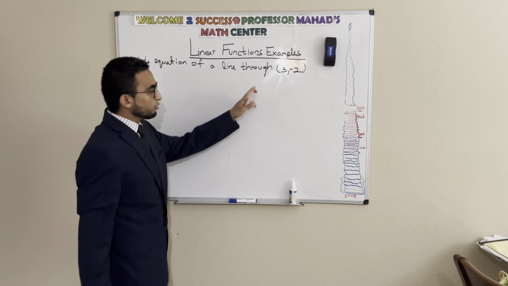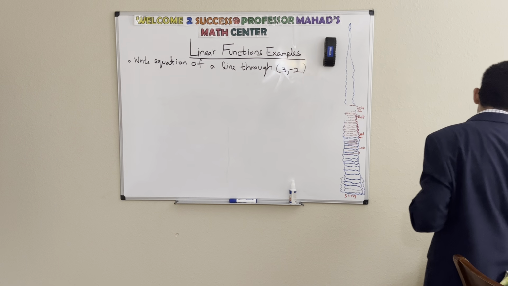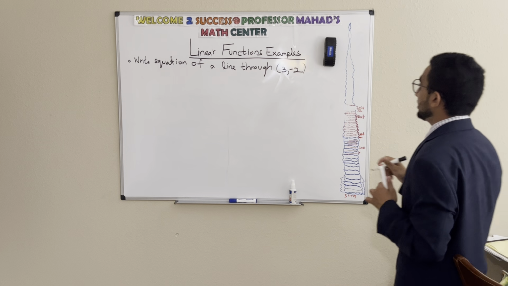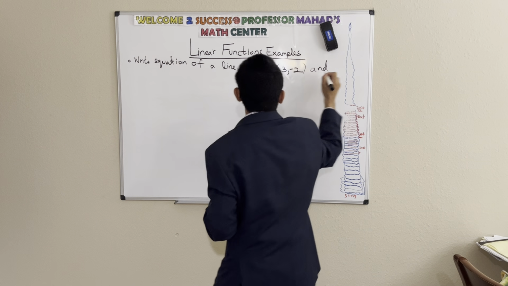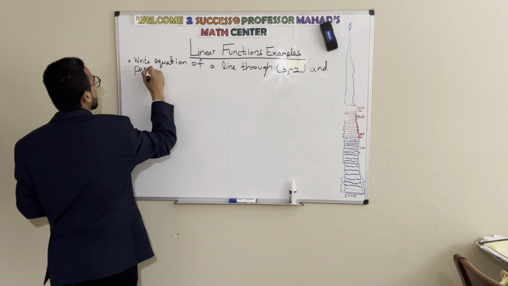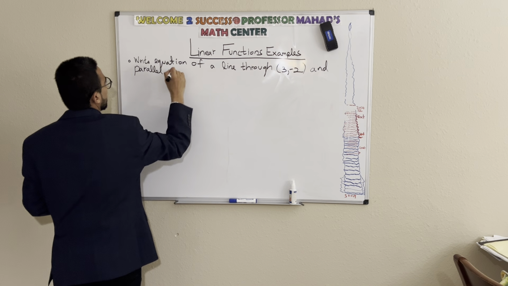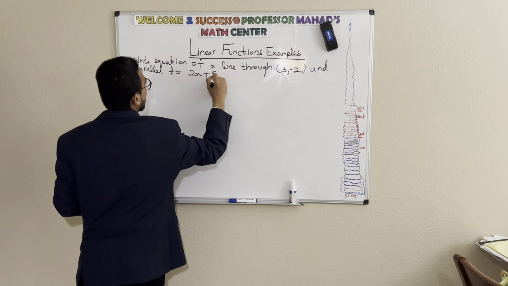So they have given you 1 point, and then they have given you, parallel to 2x plus 5y minus 3 is equal to 0, parallel to 2x plus 5y.